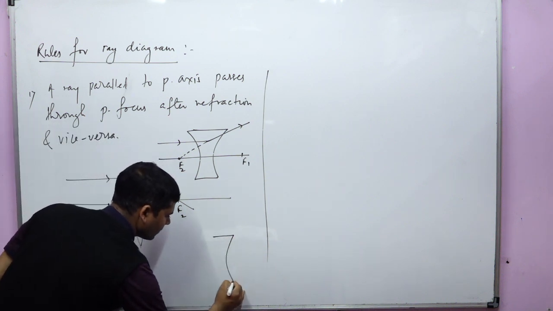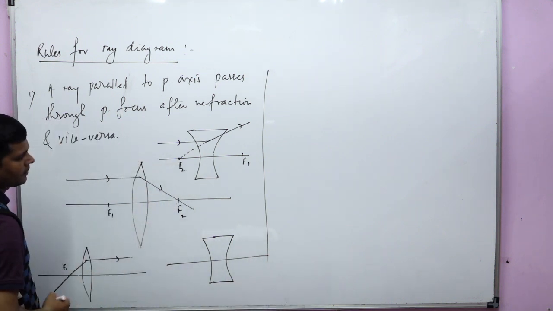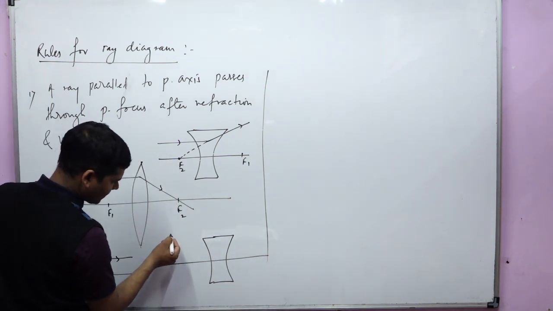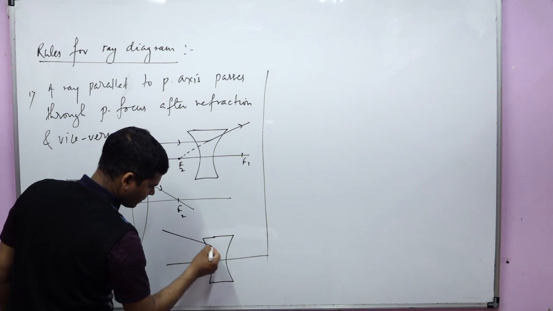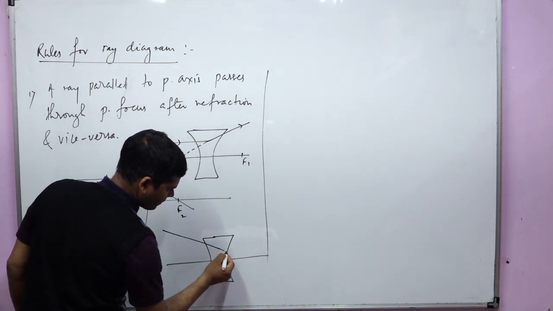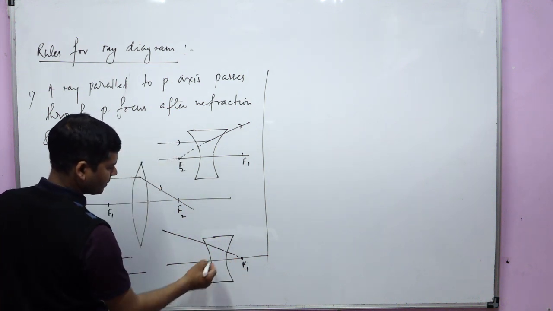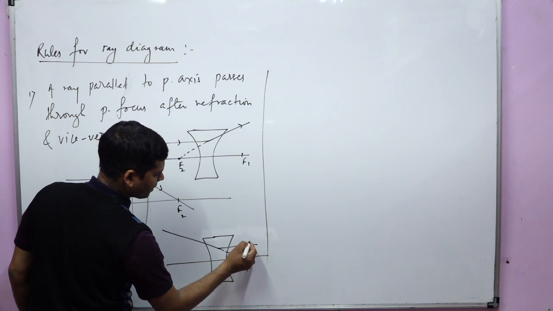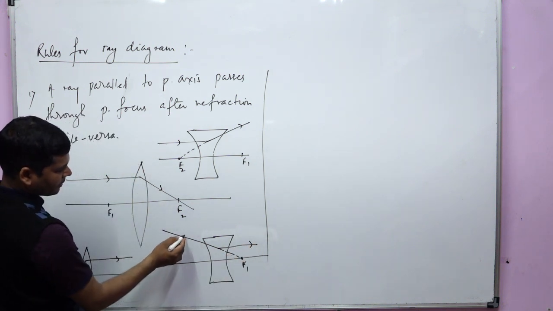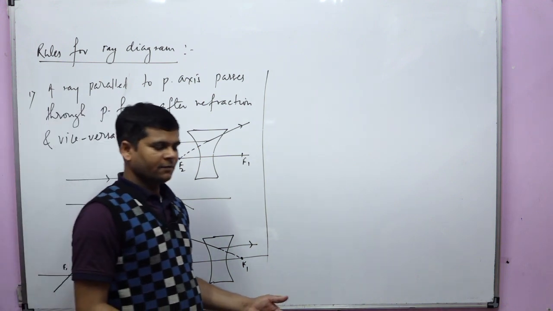Again, if the rays are passing through the principal focus, they will appear to pass parallel after refraction. This is the first rule.